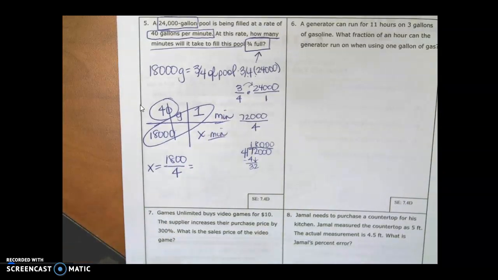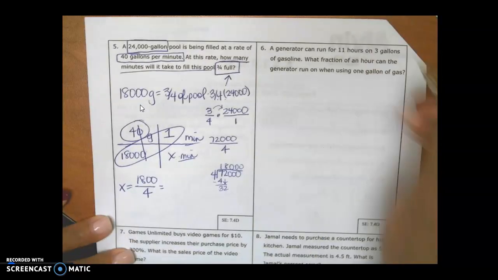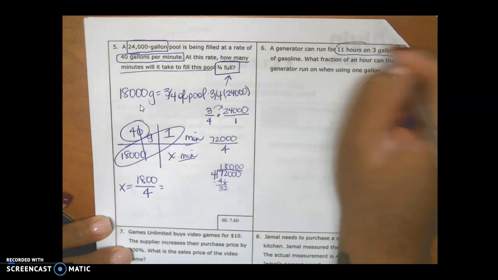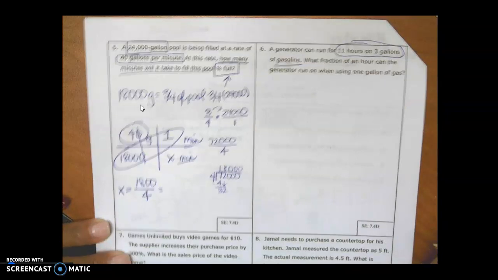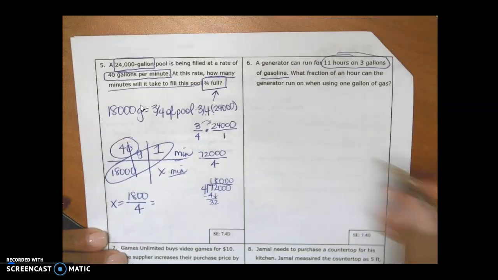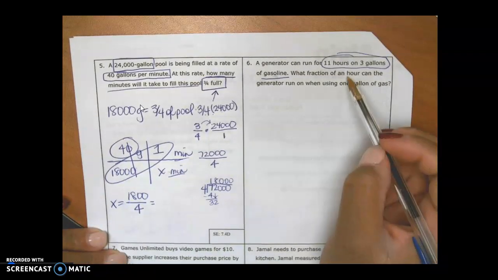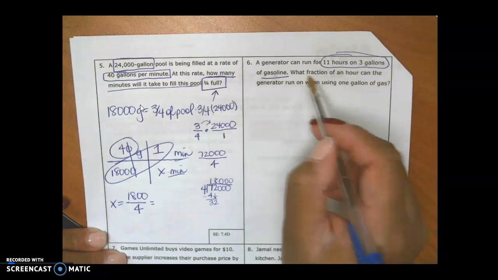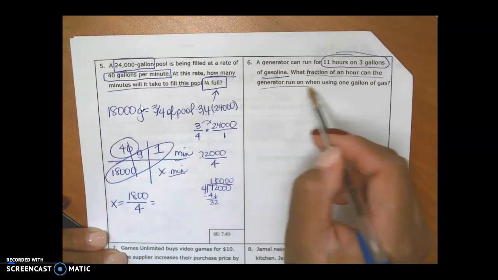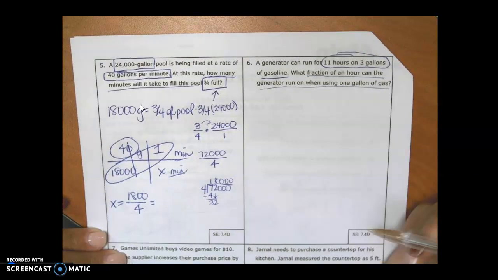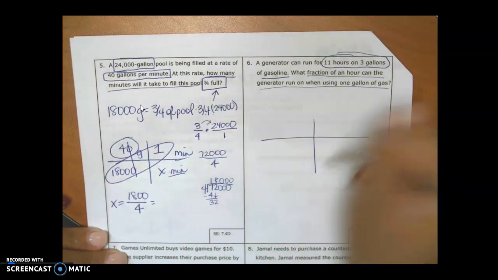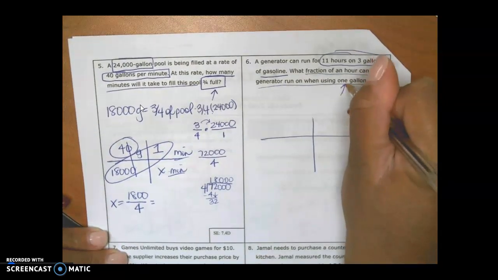Okay, looking at number 6, a generator can run for 11 hours on 3 gallons of gasoline. What have they given me there? 11 hours and 3 gallons. Good. What fraction of an hour can the generator run on when using 1 gallon of gas? What are they asking for? 1 gallon.